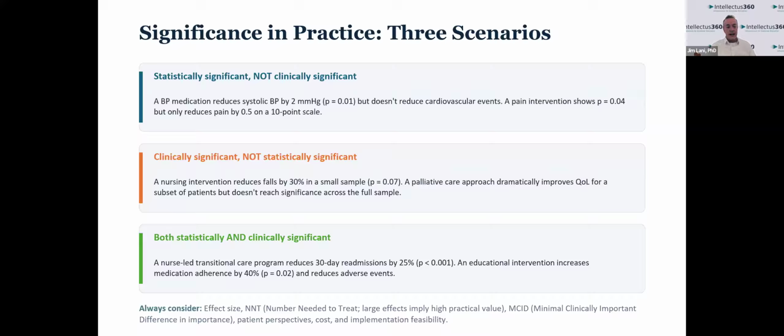It's worth talking about that, hey, gosh, for future research, perhaps what I need to be doing is increasing my sample size to get statistical significance. But the fact is that it's meaningful. Reducing falls by 30%, whether or not you met statistical significance or not, is really, really important.